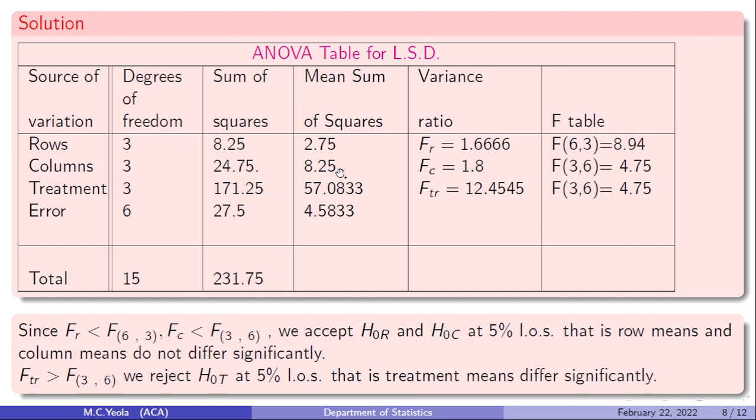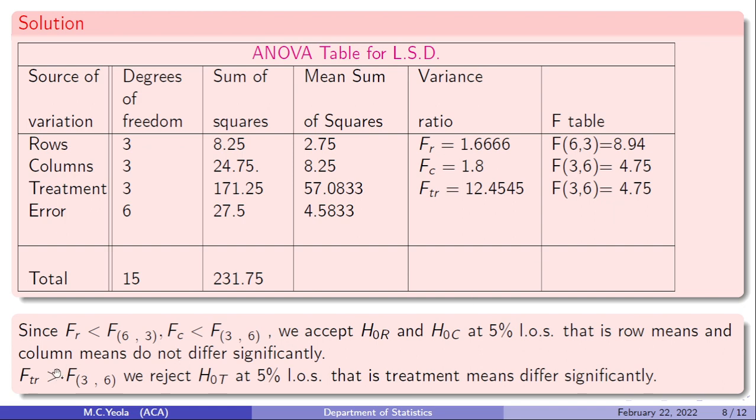Here we are getting the ratio, this one is larger than this one, so we obtained the ratio the usual way. Here also we get the ratio the usual way, so we have this as 4.75. If we take a decision here, this is less than this, so the hypothesis is accepted. Here also accepted, which means for rows and columns it is accepted, but in the case of treatment this is larger than this one, so for treatment it gets rejected.